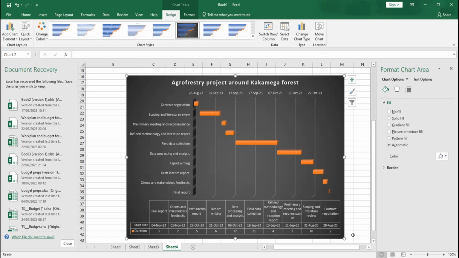If I find that things are not done well, then I tell you, can you be able to do the following, or we can add more resources in the field data collection process so that we enhance it if it is already late. So look at that. We can do what is called fast tracking, or we can crash by adding more resources to a given task so that it can still be delivered, regardless of the fact that the first 3 or 5 days are delayed.